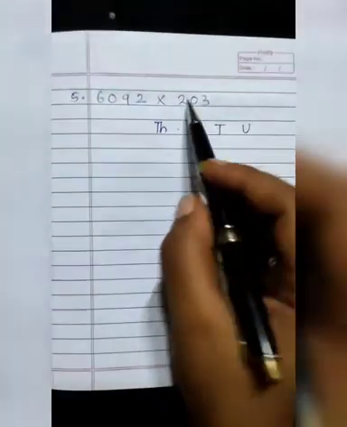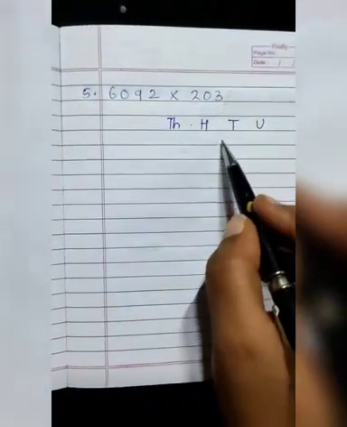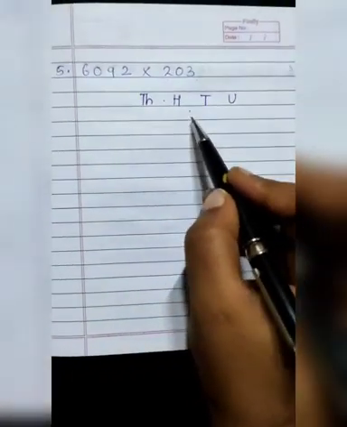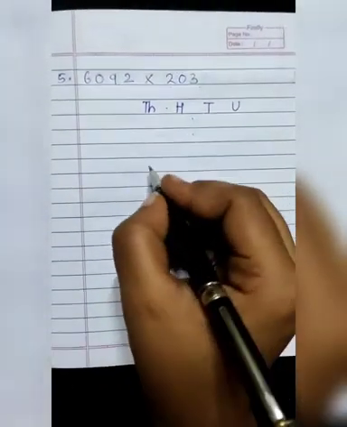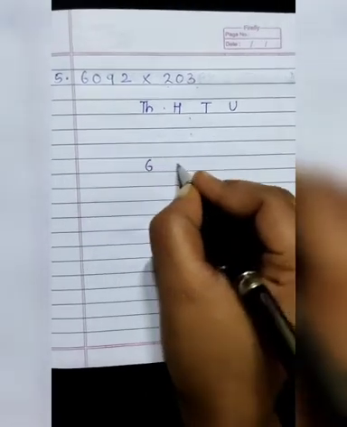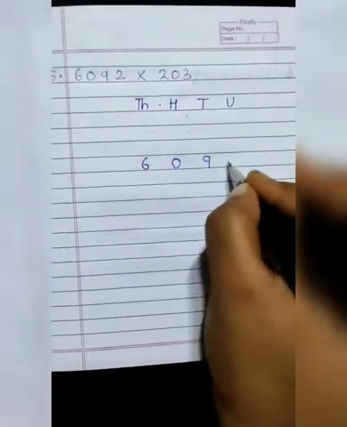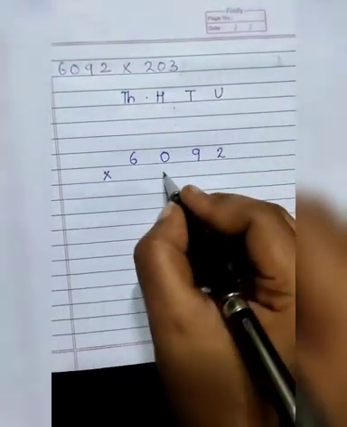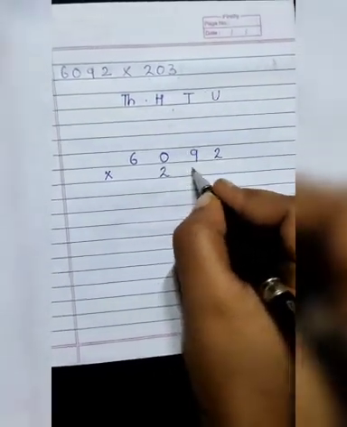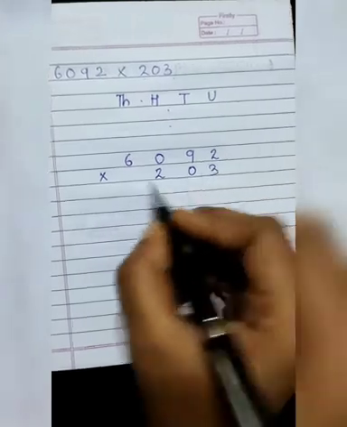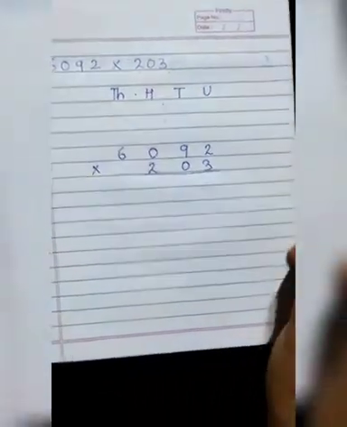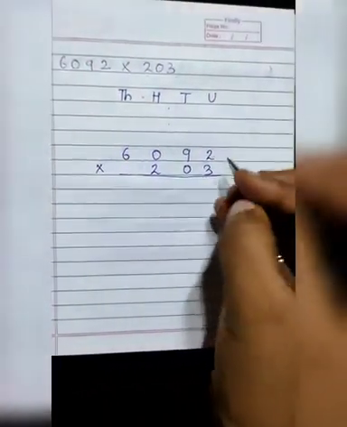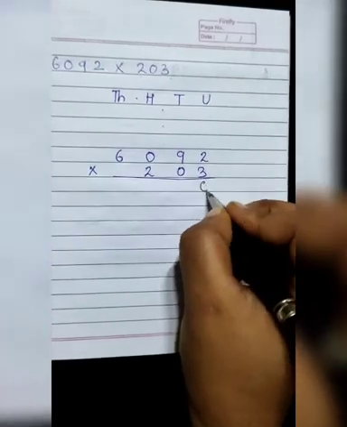Now here we will multiply by 3-digit number, so we will leave 3 lines, 1, 2 and 3. Then we'll copy the sum. 6,092 multiplied by 3-digit number, so we'll write from 100, 203. So let's start. 3 multiplied by 2 is 6.